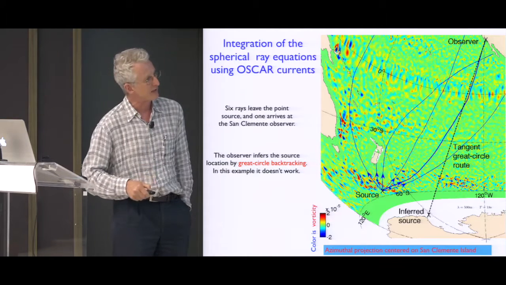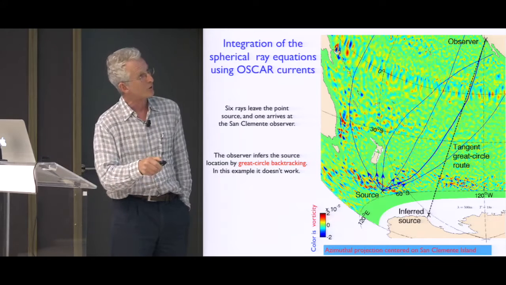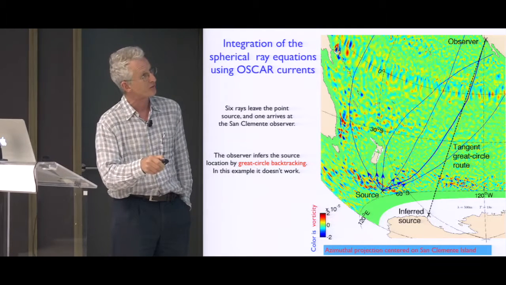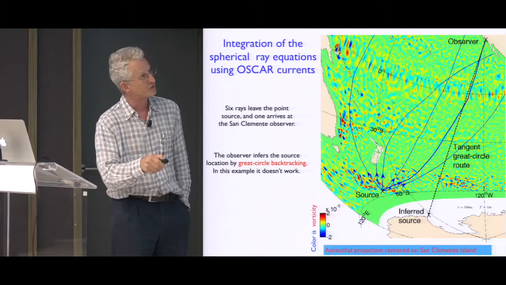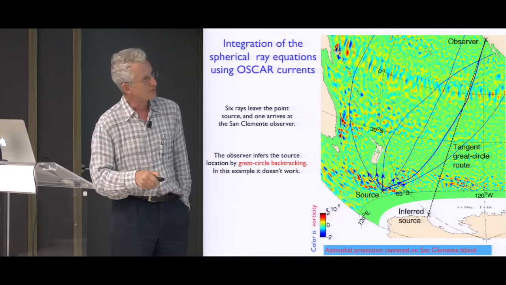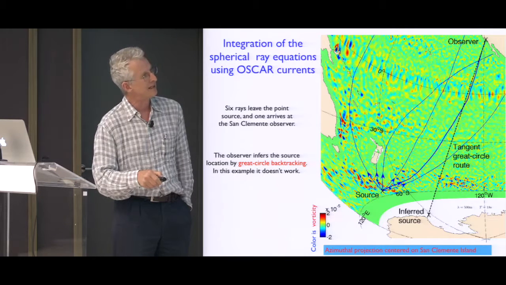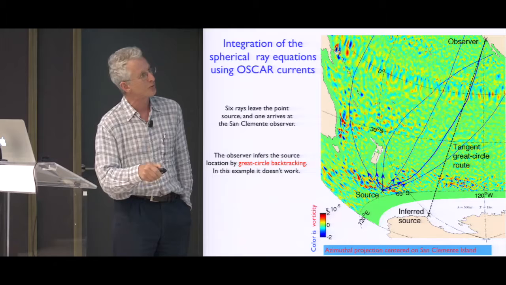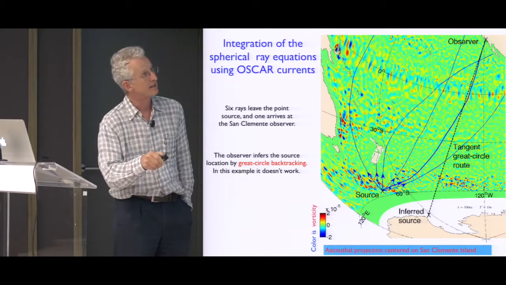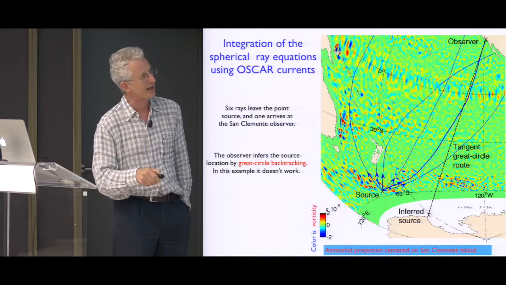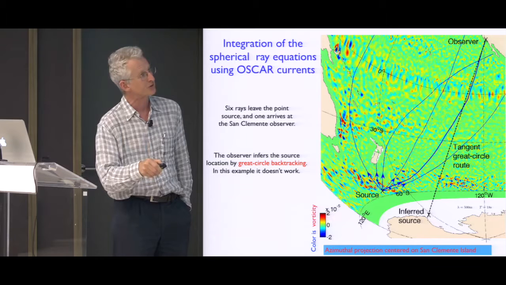And this is one of these azimuthal projections where a great circle, which is passing through the observatory, would be a straight line. So in this map, we have shot six rays from the source. One of them has gone through the observatory. Okay? So you can see it's taken a path which is very far from a great circle.